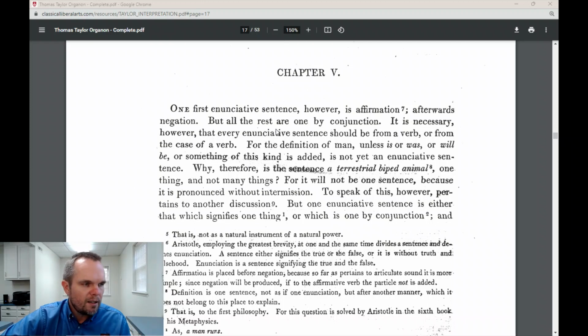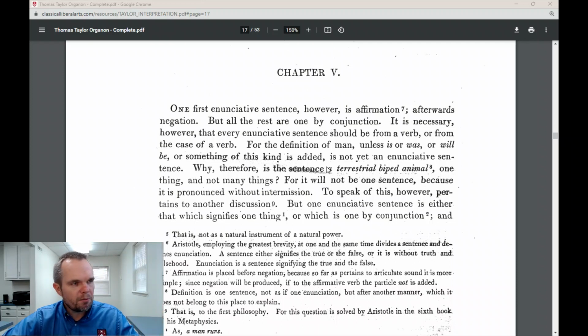So Aristotle sometimes takes time to give a proof for what he says, and other times, as we see here, he refers them to another of his works where they can find the demonstration of that idea. Okay? So he says this is irrelevant for now.